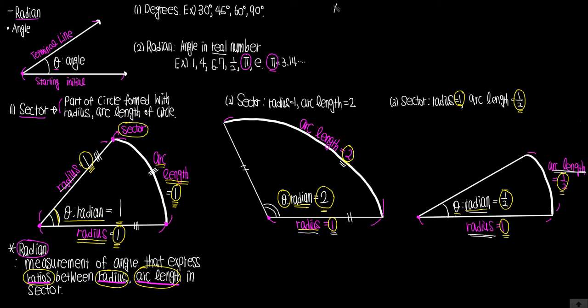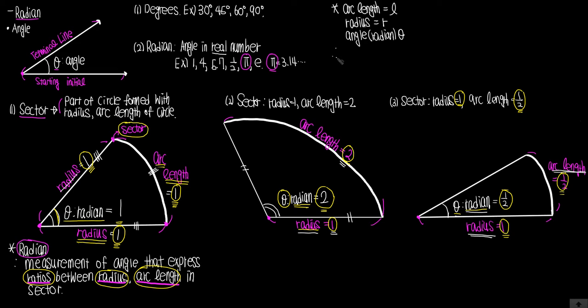And for the formula, let the arc length of our sector be L, let the radius of our sector be R, and let the angle measurement beside the arc length and the radius, in terms of radians, be theta.